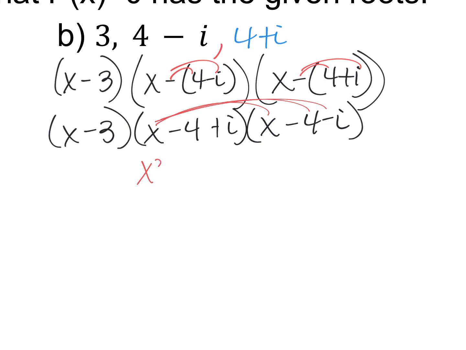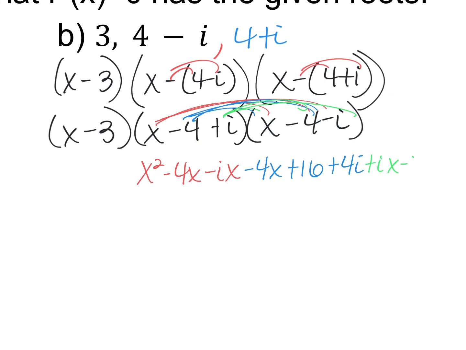So I have x squared minus 4x minus ix minus 4x plus 16 plus 4i plus ix minus 4i minus i squared. Gross. Okay.